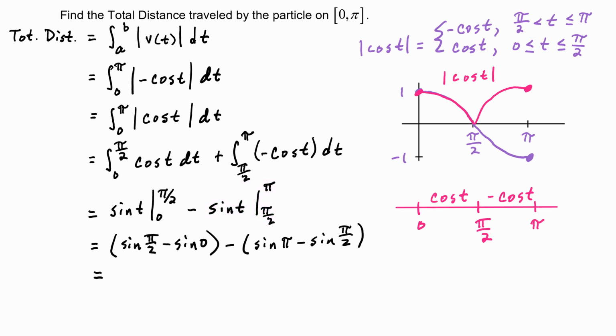This is equal to, sine of pi over 2 is 1, sine of 0 is 0, then we have to subtract sine of pi, which is 0, minus sine of pi over 2, which is 1. So finally, this becomes 1 plus 1, which is 2.